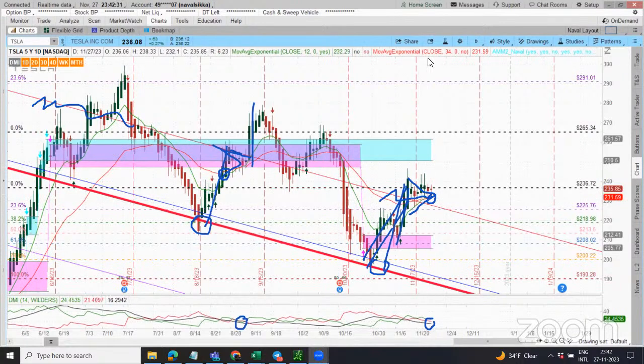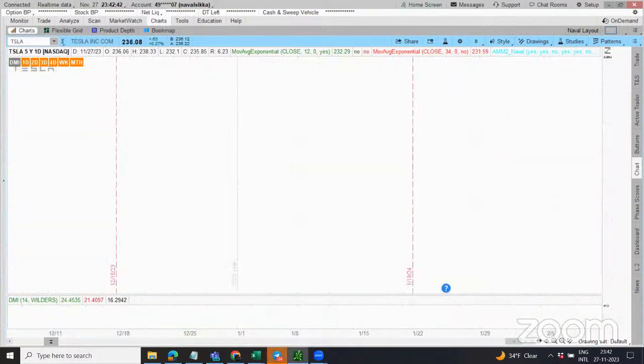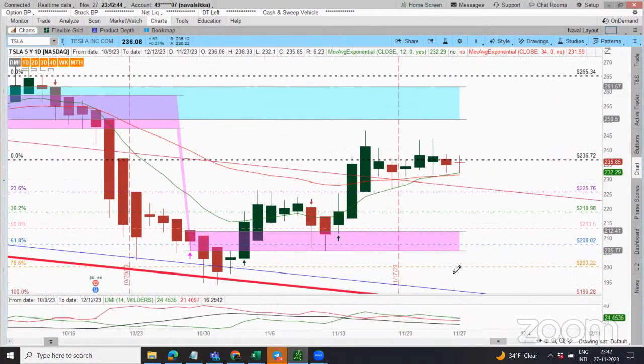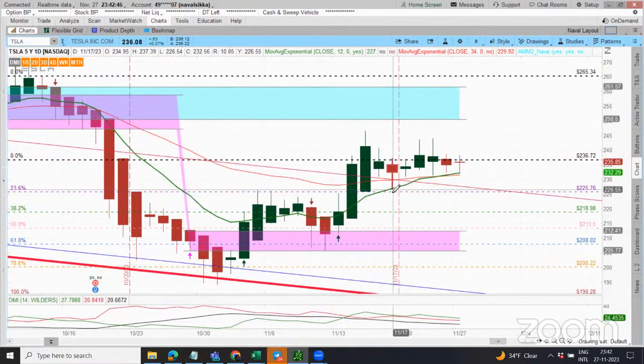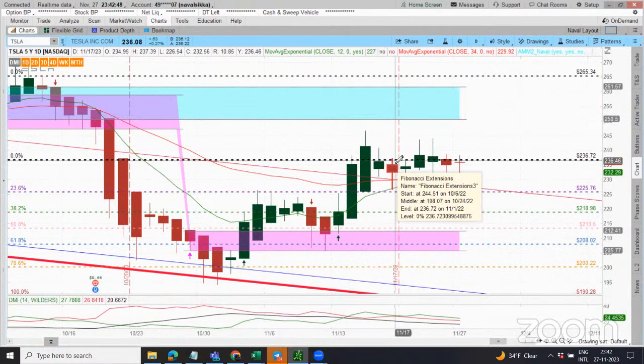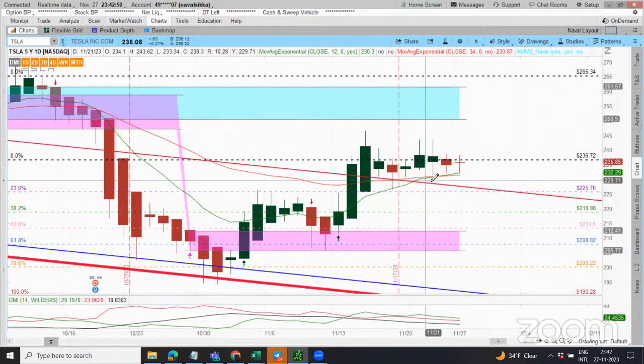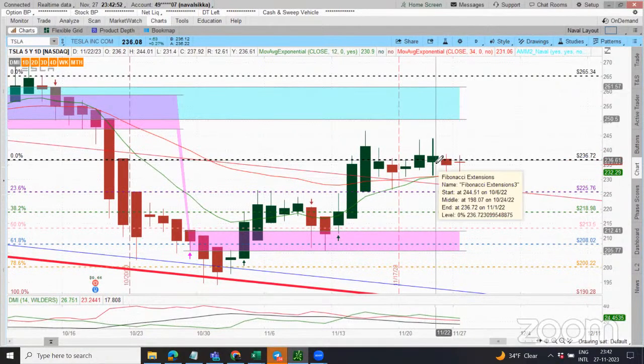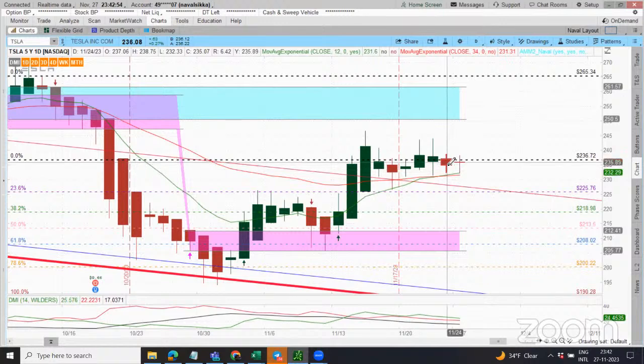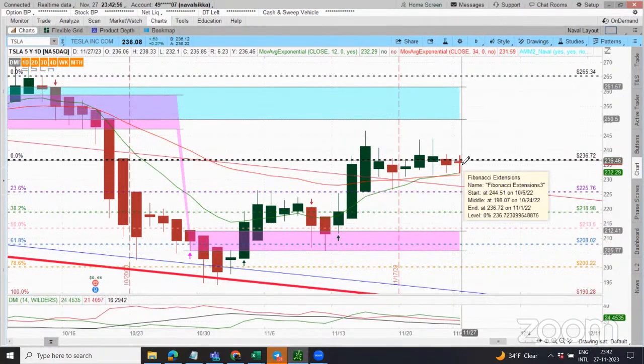It is not breaking them. Let me just show you. It's backtesting, holding, not breaking above 236, backtesting 236.